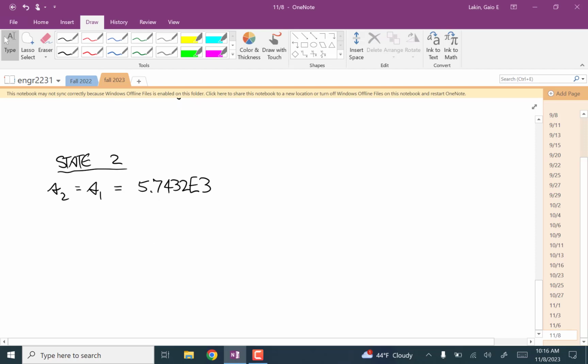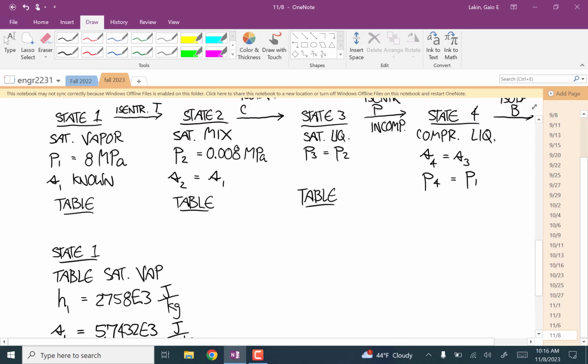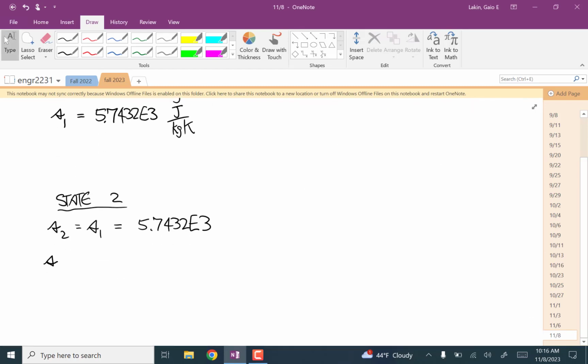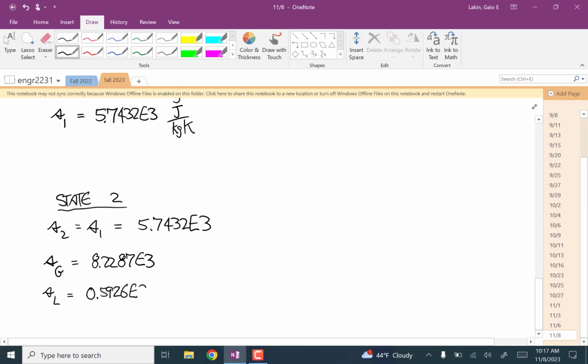And we know that it's in saturation, and we know the pressure, so we can look up that the specific entropy for the gas is 8.2287 times 10 to the third. And the specific entropy for the liquid is 0.5926 times 10 to the third.